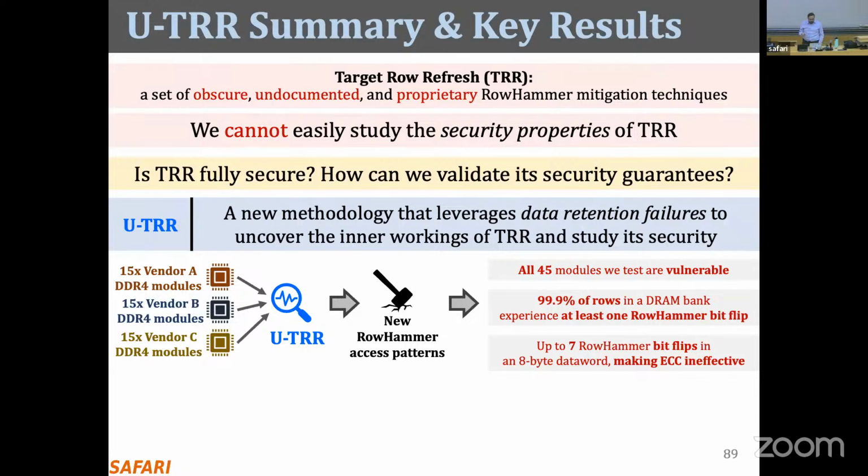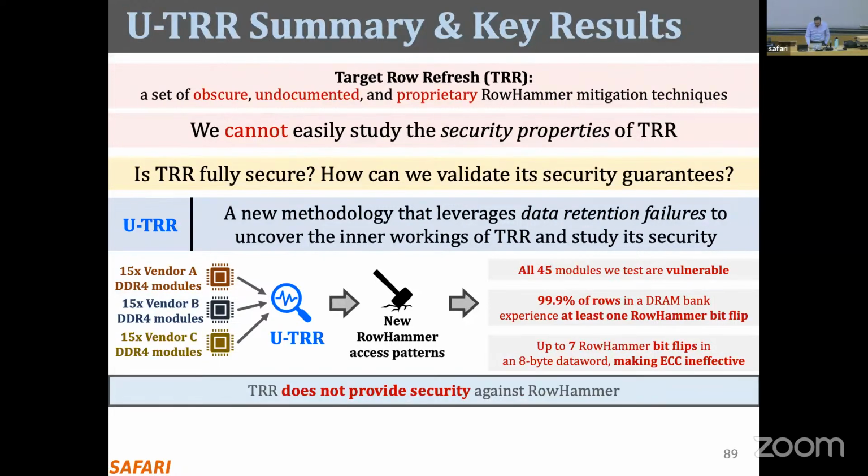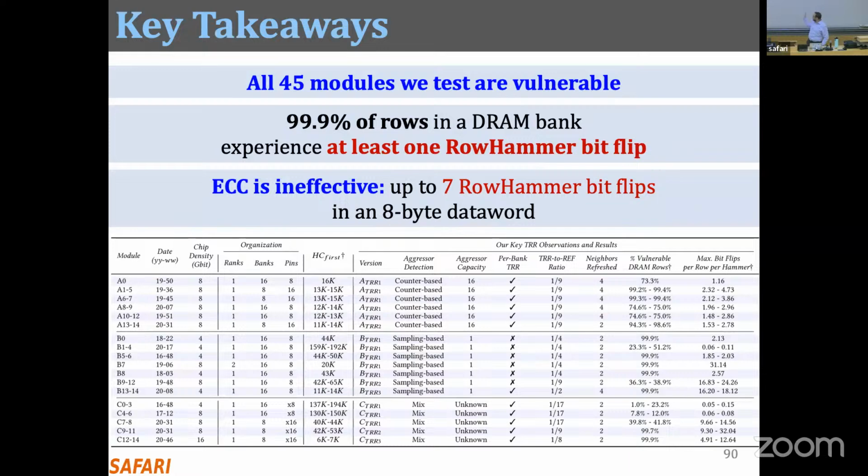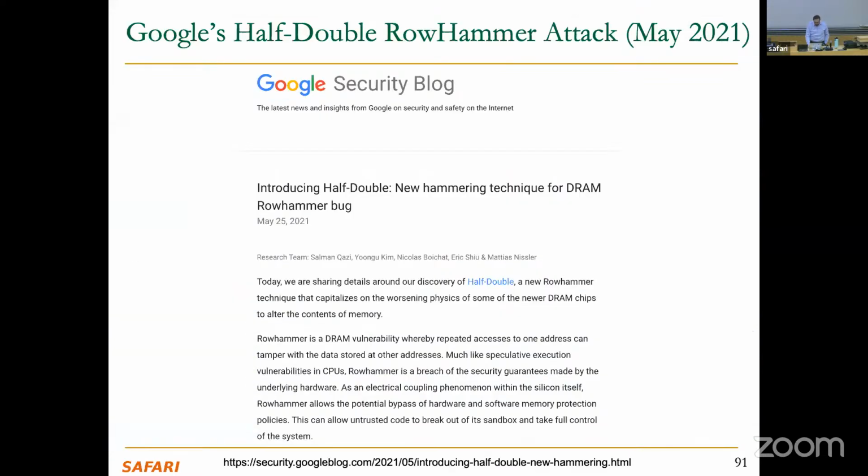And if you look at the 8-byte data words, you can have more than 7 bit flips when there is the TRR protection mechanism. So it tells that TRR does not provide security, and ECC is not enough, and we need better solutions. There are many chips tested in this work as well. You can find more details in the full paper.